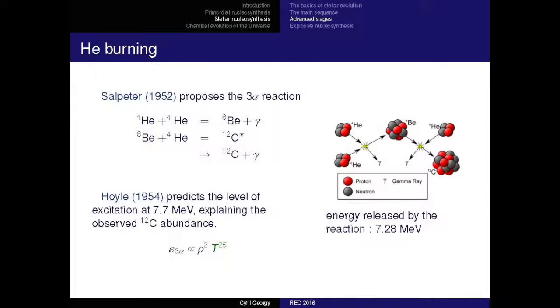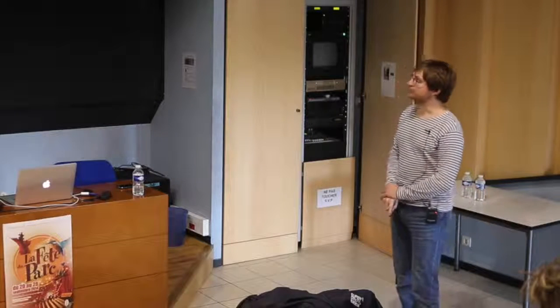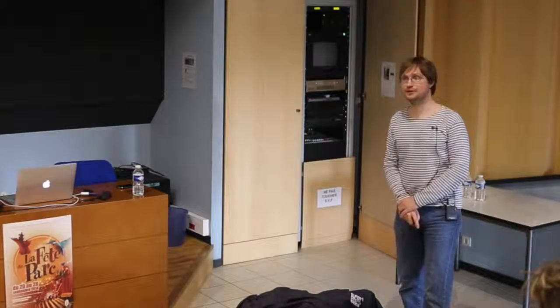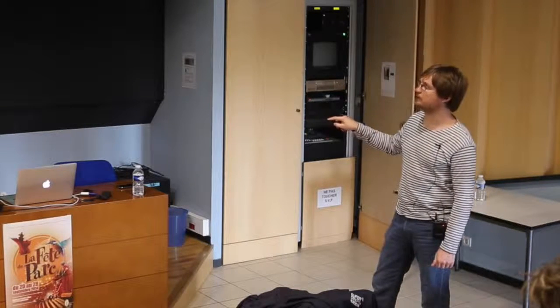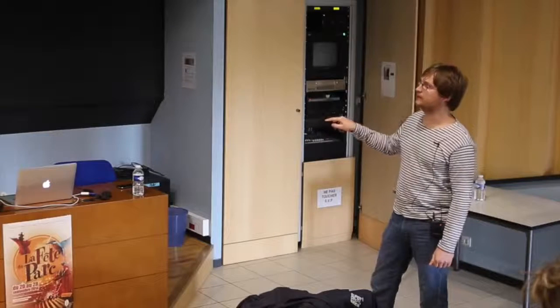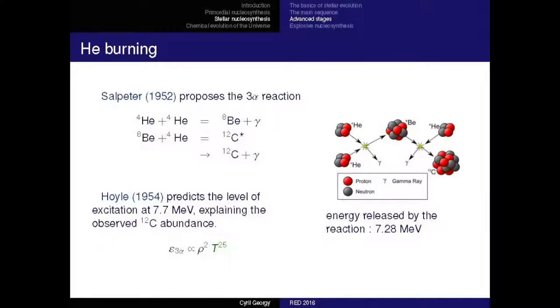That is very fast. So this is a kind of miracle that occurs in nature because the carbon-12 has an excited level that is very close to the sum of the mass of these two elements here. And that increases quite a lot the probability of this reaction.